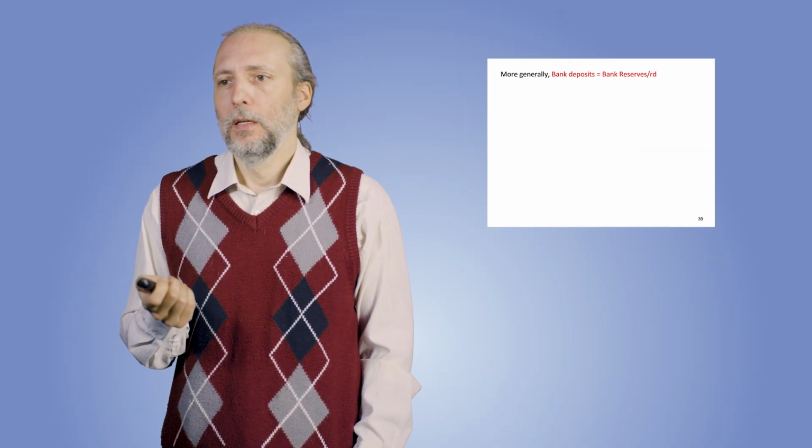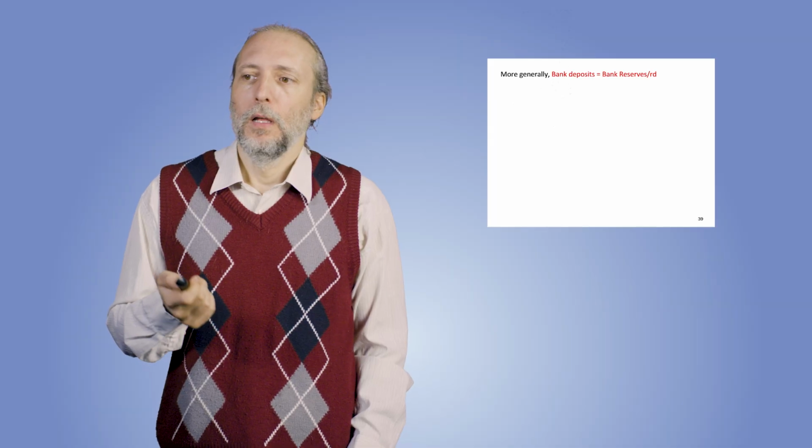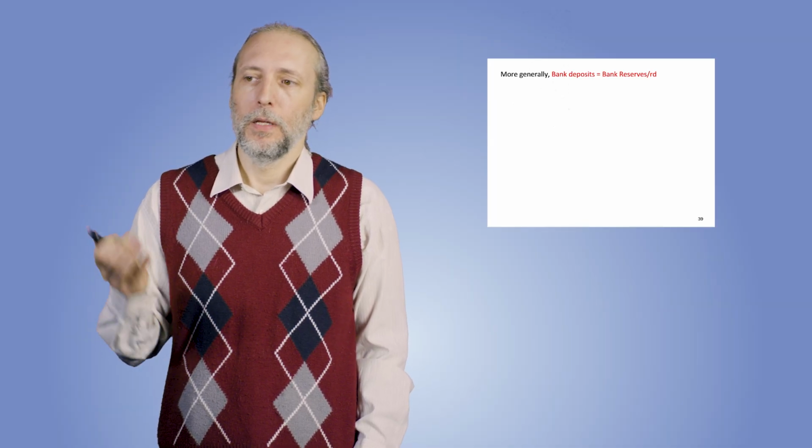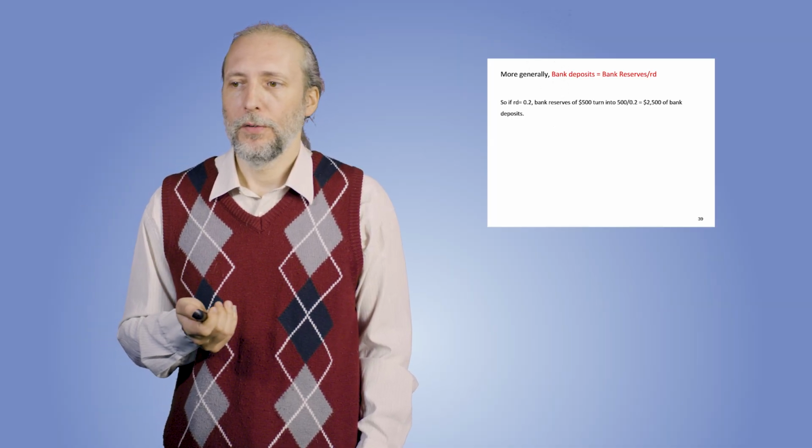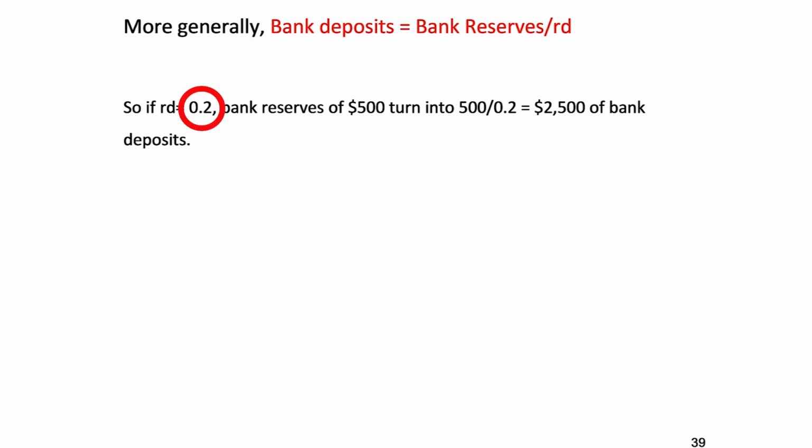As we can see from our simple example, our money multiplier is simply 1 over the reserve ratio. So if the reserve ratio was 0.2 instead, and we added $500 worth of money into the system, the monetary base will go up by $500, then the total amount of bank deposits will go up by $2,500. In this case, we'll have a smaller multiplier.